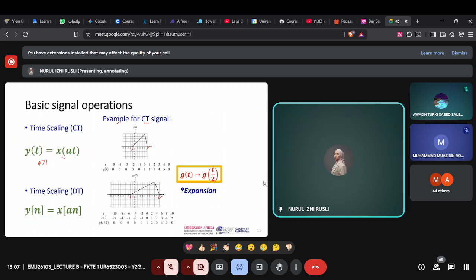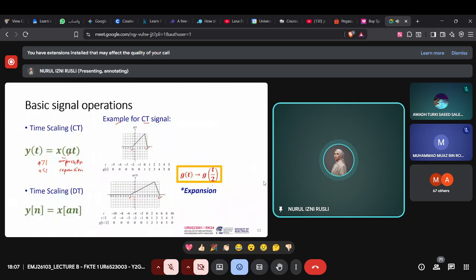So it is much easier to see that whenever you want to do time scaling t over 2, I mentioned that a greater than 1 is going to be compression, but if a is less than 1, it's going to be expansion.